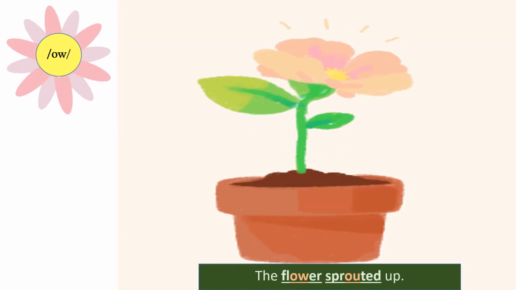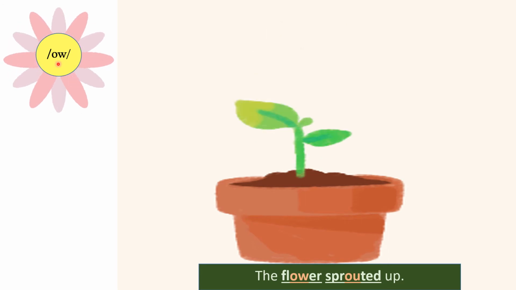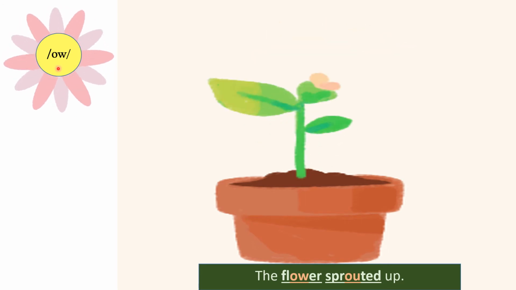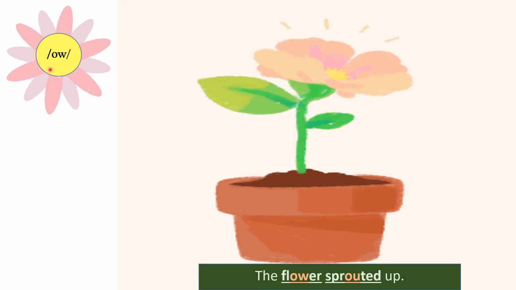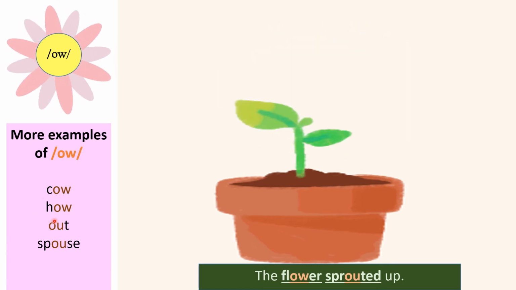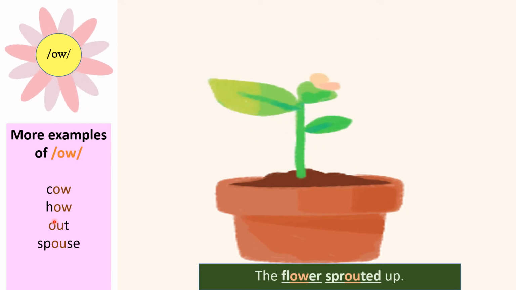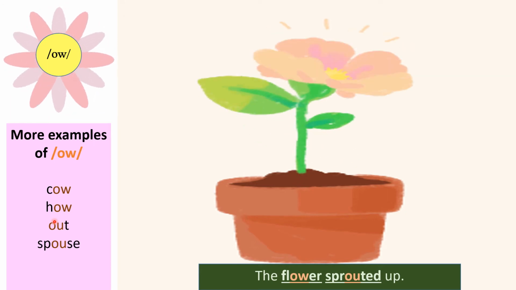Our next pronunciation symbol for vowels is the symbol of the sound of ow. So the sound of ow is commonly spelled like OW, like in the word cow and how. Now the OW here mostly can be found at the end of the word.